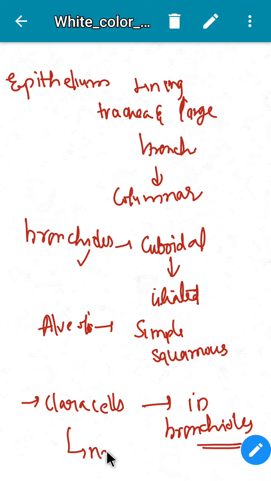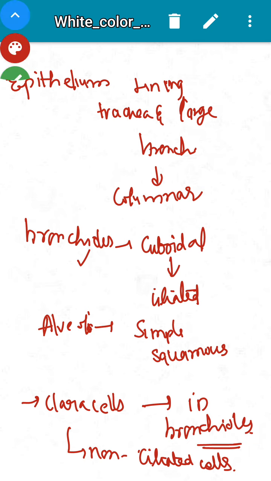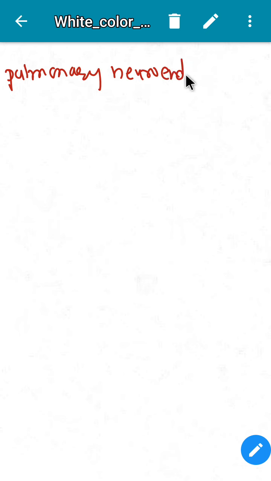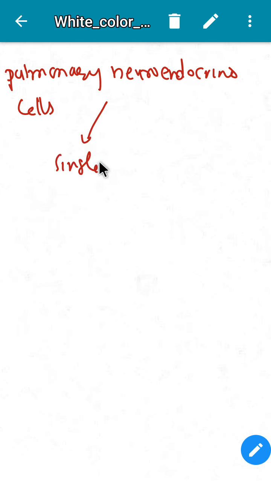There are also pulmonary neuroendocrine cells, which can be either single neuroendocrine cells or clusters.